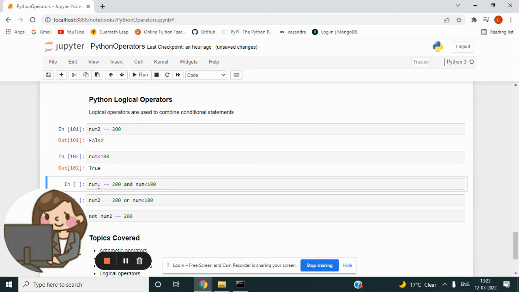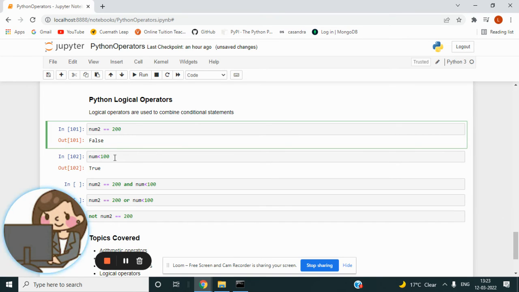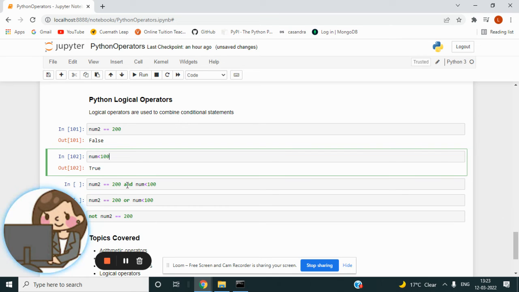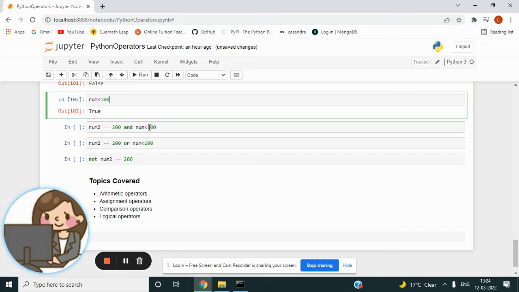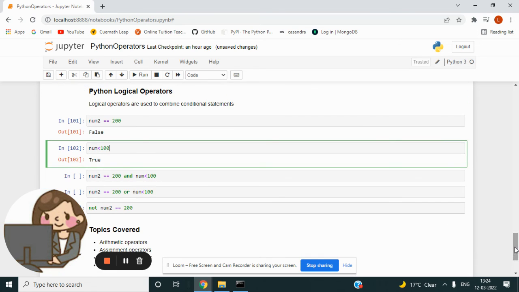Now we are comparing these two expressions. We are checking num2 equal to 200 and num less than 100, comparing both and expecting a result out of it. Here again the logical operators return true or false only.